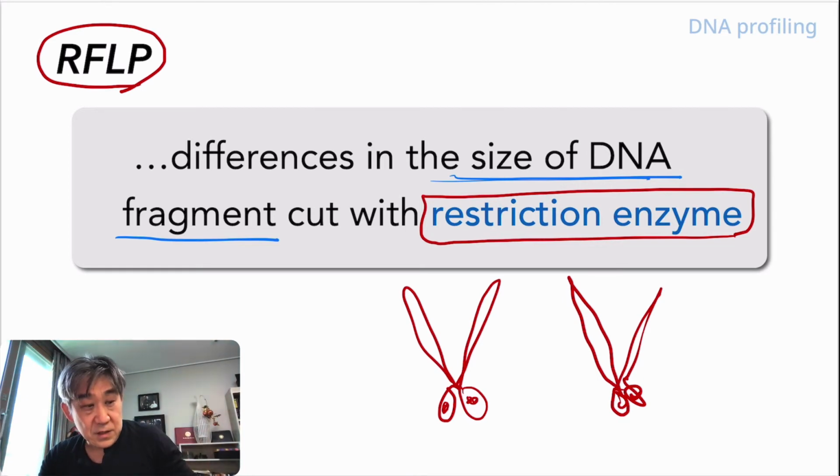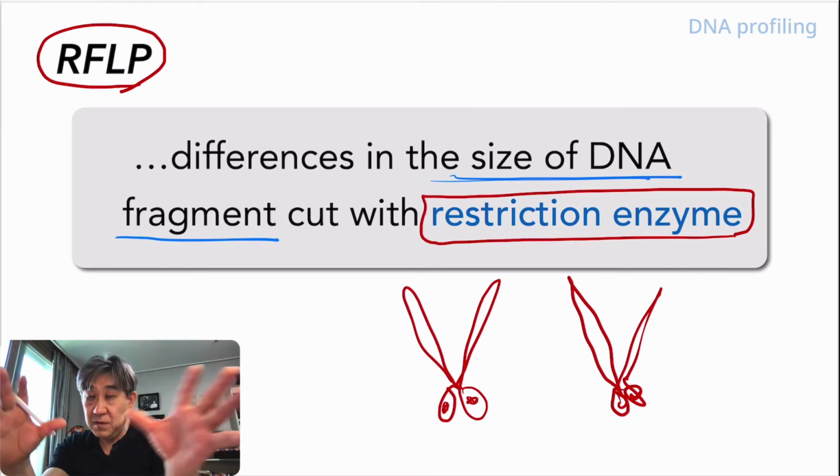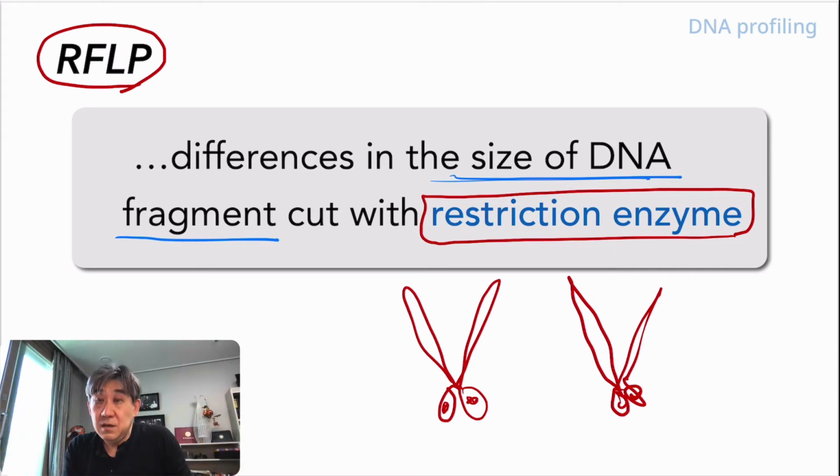So people, especially in this era of recombinant DNA, genetic engineering and molecular biology, the people within this inner circle casually refer to this RFLP. However, they pronounce it as a single word rather than spelling out the letters.